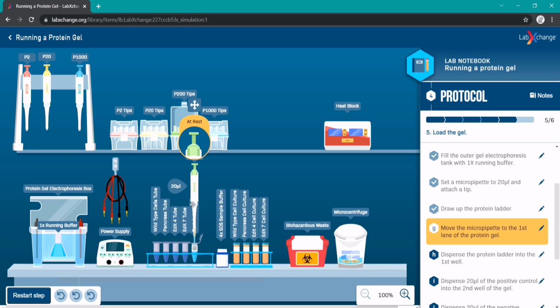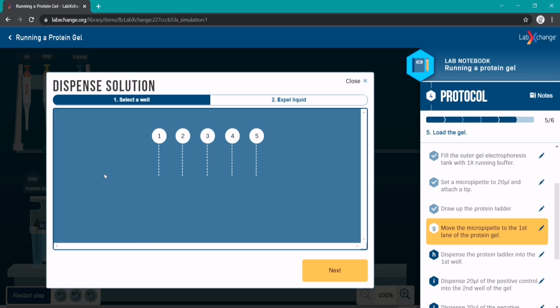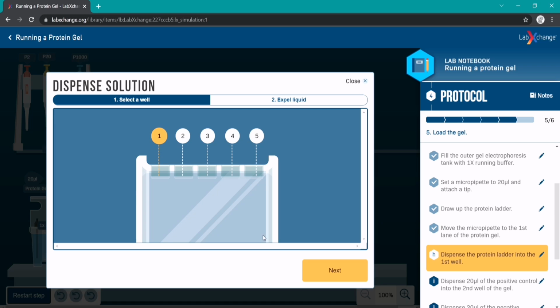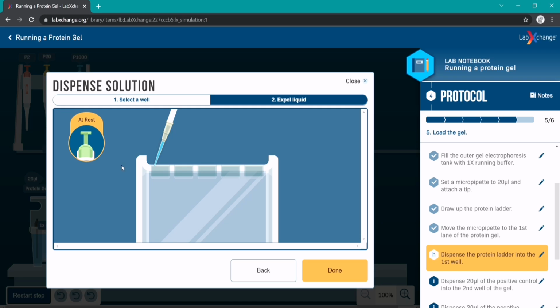Move the micropipette to the first lane of the protein gel. Now, dispense the protein ladder into the first well.